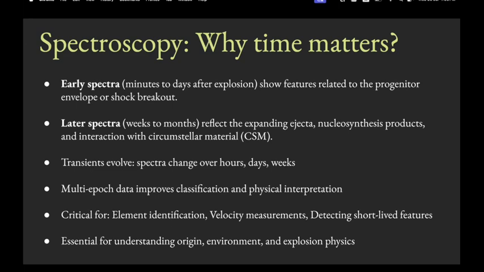So we really need multiple spectra from different epochs during the evolution of this event. And we should not forget that these are transients, so the spectra will change over hours, days, or weeks, depending on the source that we have.